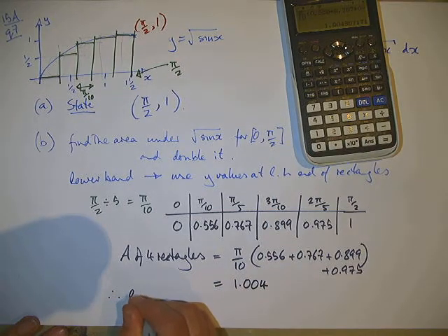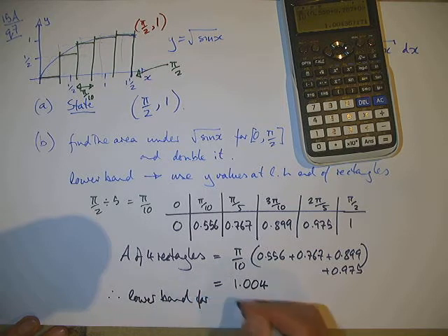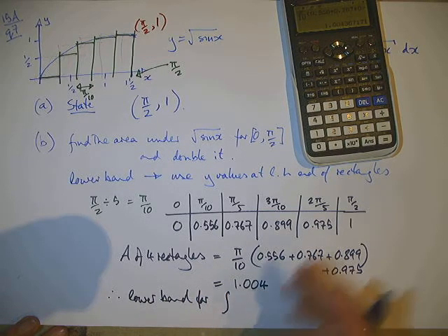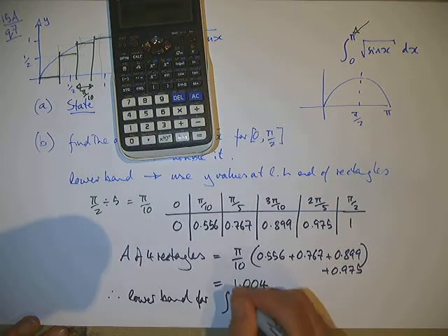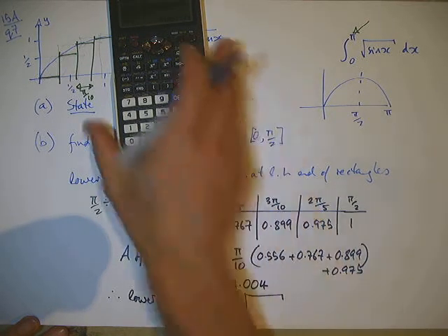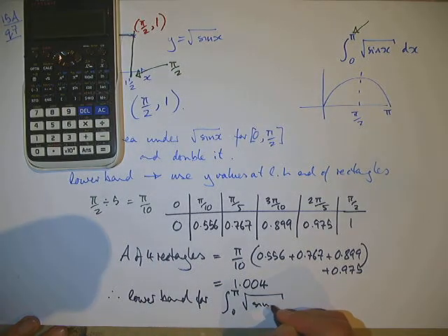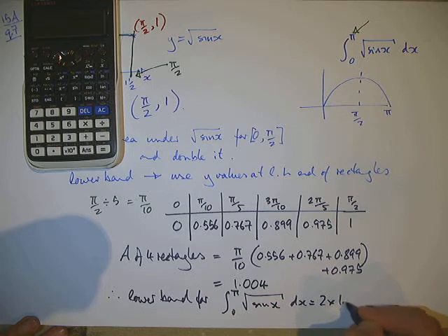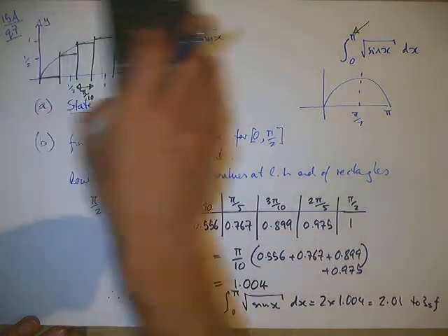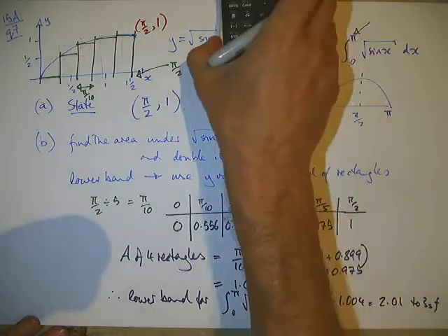Therefore, the lower bound for the integral between 0 and pi of root sine x dx is twice that, which is 2.01 to 3 significant figures.